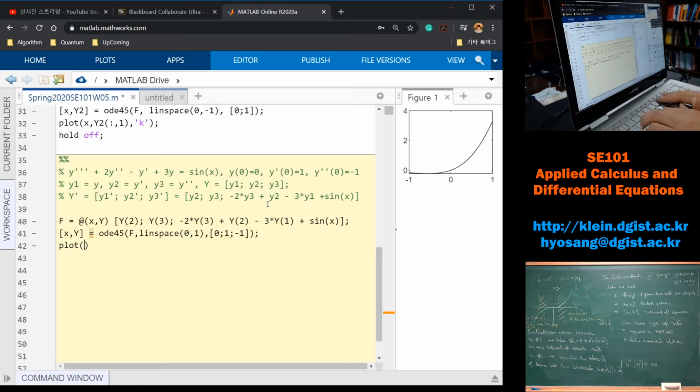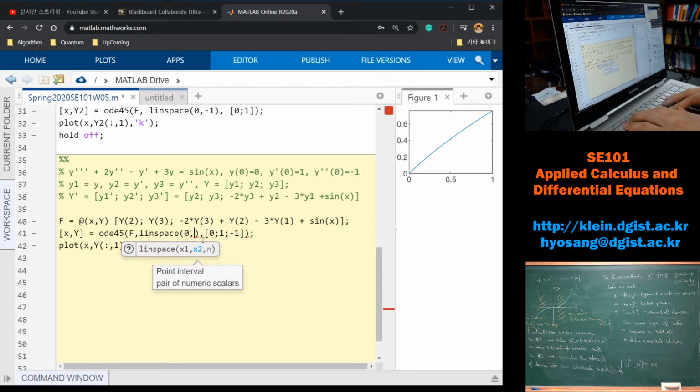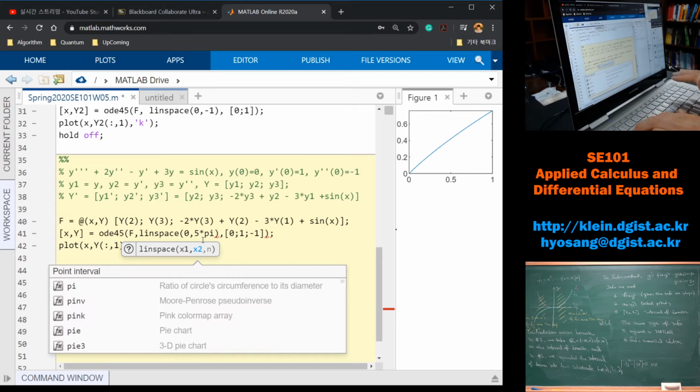Okay, and let's see the plot. I'm going to plot the first column because that's the value of y. Well, this doesn't look great. Let me increase the domain of the interval. So let's say we have 5 times pi.